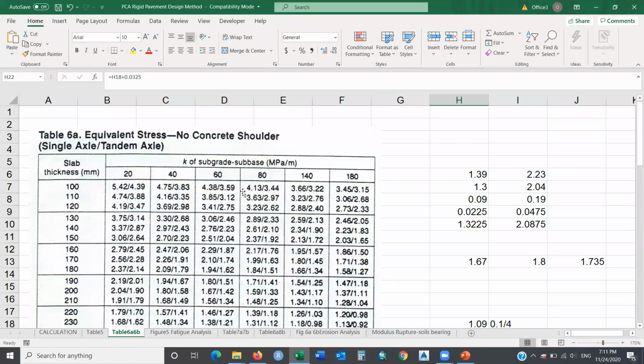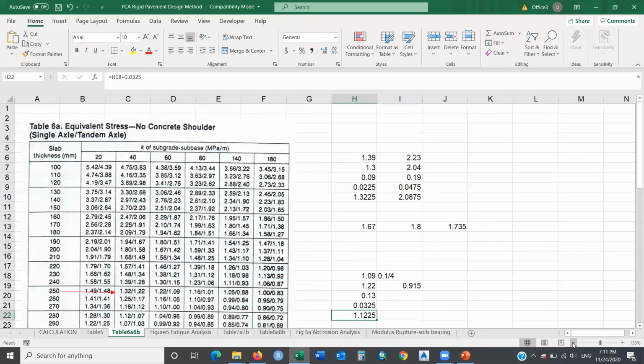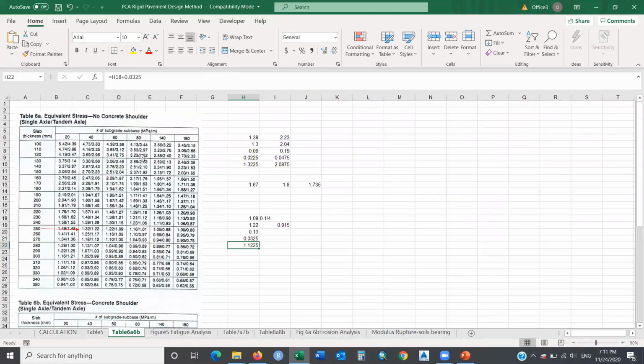While for fatigue, you only have 2 tables. Concrete shoulder, yes or no. So fatigue is not affected by dowels on the pavement.